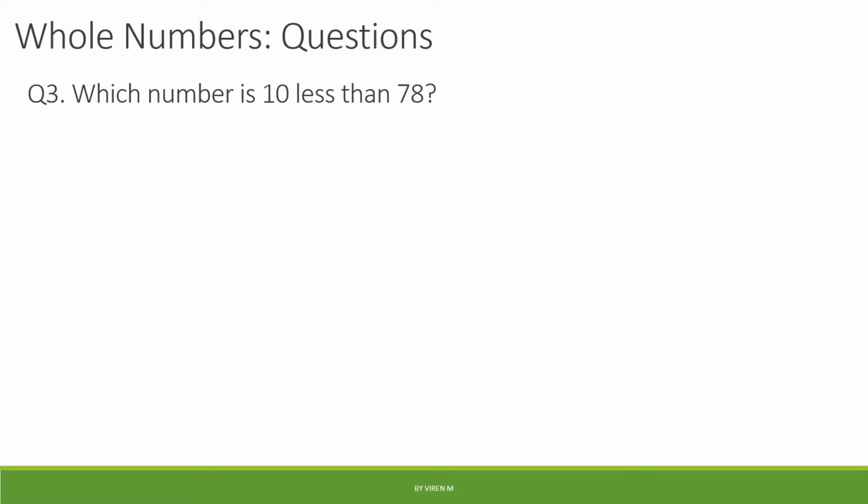Now the next question is, which number is 10 less than 78? The options are A 67, B 88, C 87, and D 68. I will pause for a few seconds if you can try and give the answer by yourself.